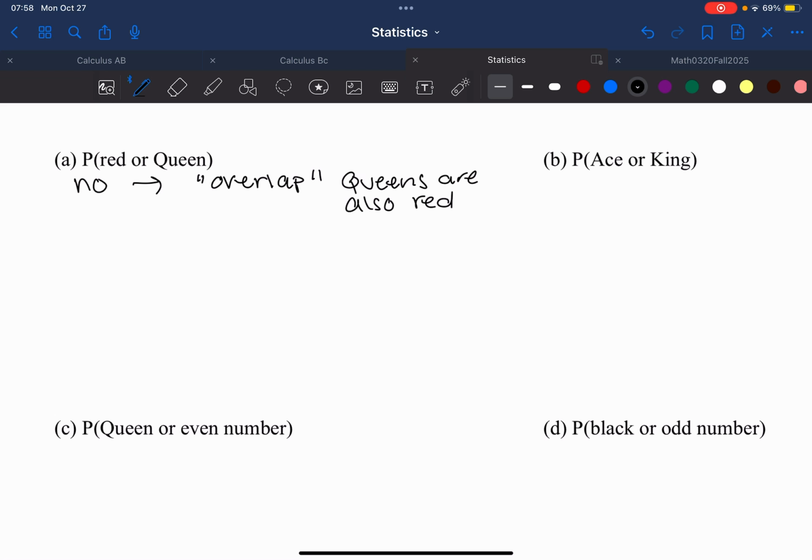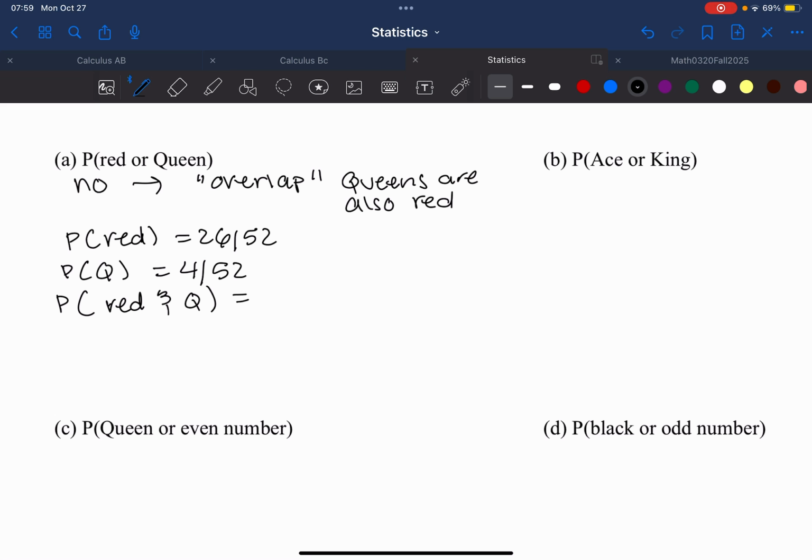The probability of getting red is 26 out of 52. That's half the deck. The probability of getting a queen is 4 out of 52. The probability of red and a queen is 2 out of 52. There's only 2 red queens in the deck.